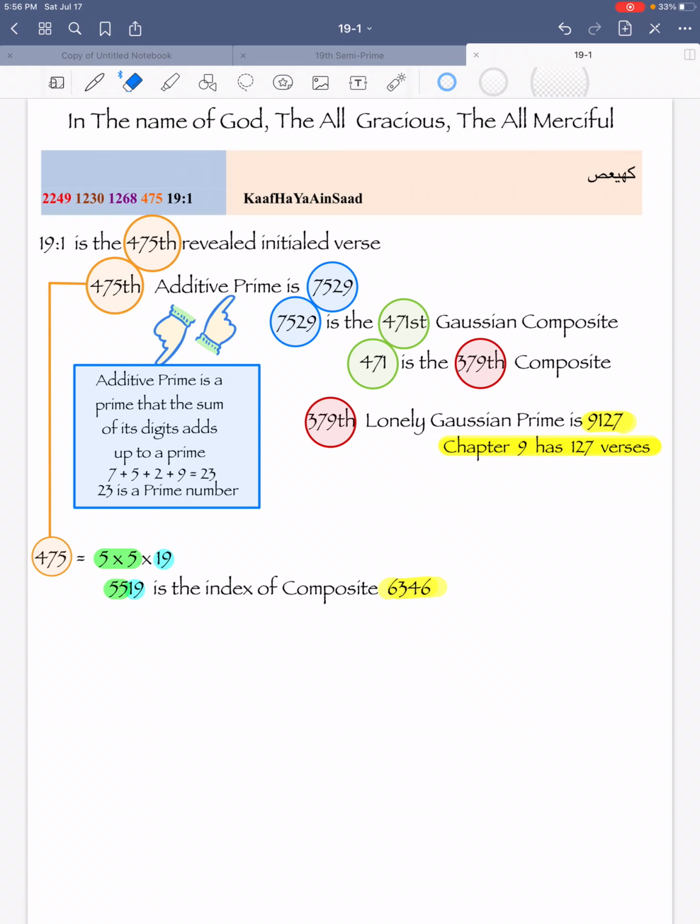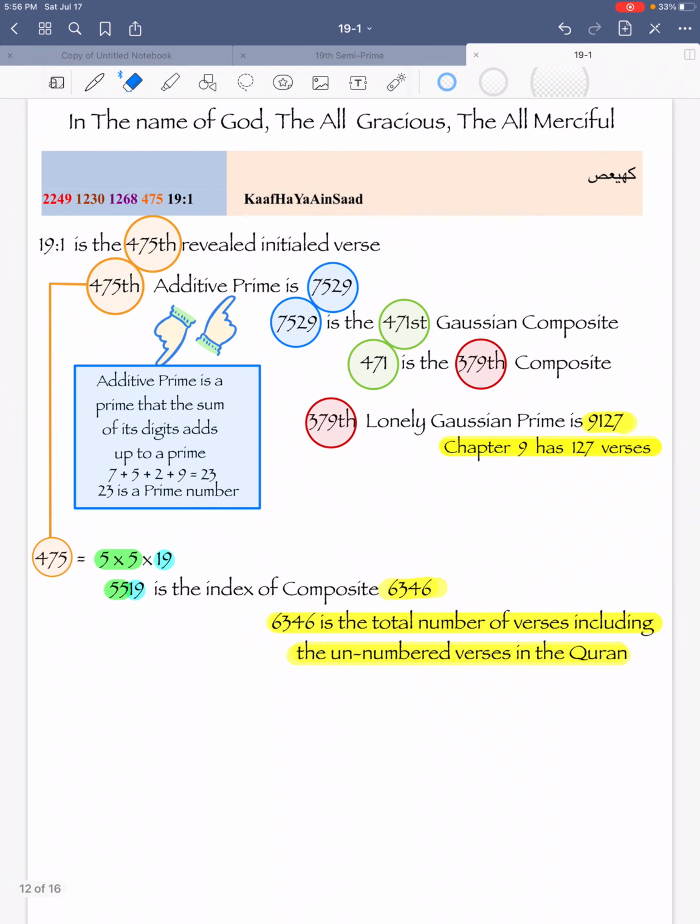Well, what is 6346 telling us mathematically? 6346 is the total number of verses, including the unnumbered verses, in the Quran. Remember, there are 112 unnumbered verses in the Quran. If we add the 112 plus the total number of numbered verses in the Quran, we will get 6346.